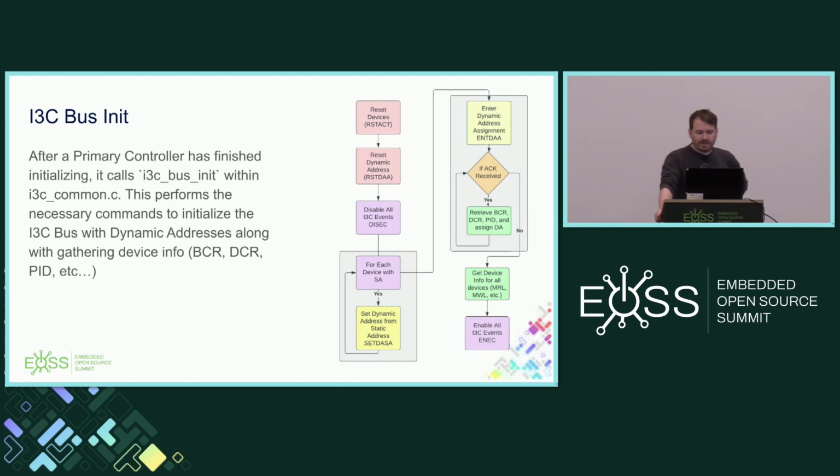Some devices will have static addresses. So there is another common command code for assigning dynamic addresses from the static address. Basically, I want the device with static address 64 to have dynamic address 32, for example. It checks through its own list: did every device that has a static address get assigned?